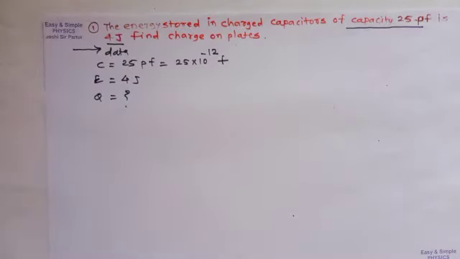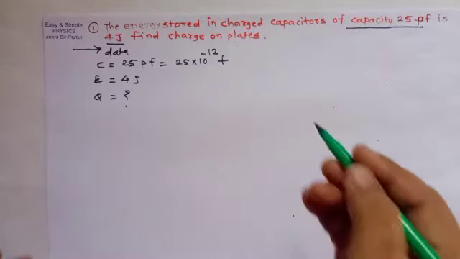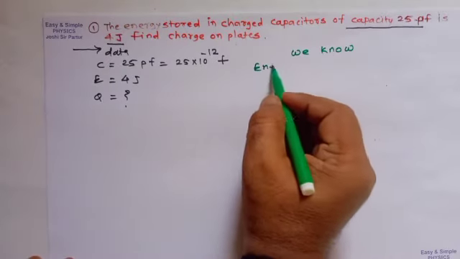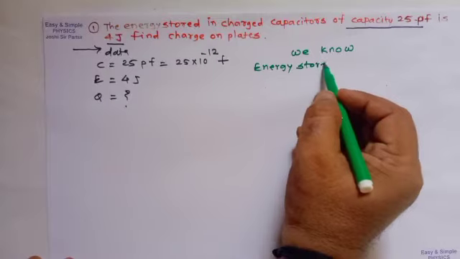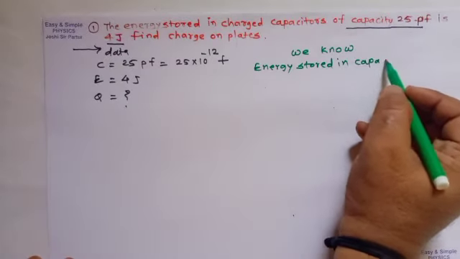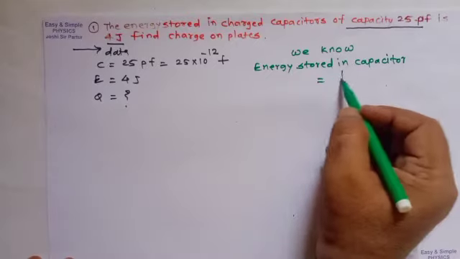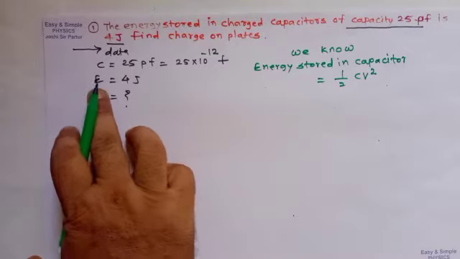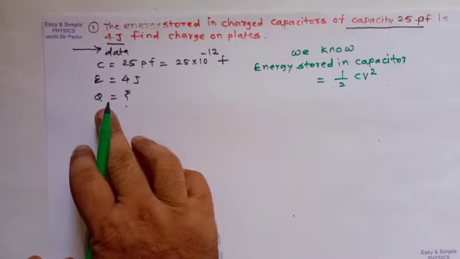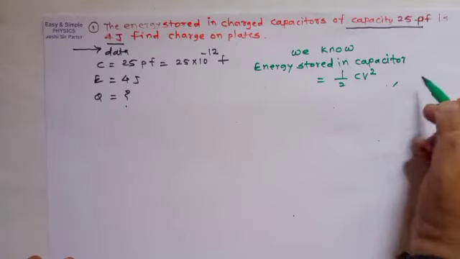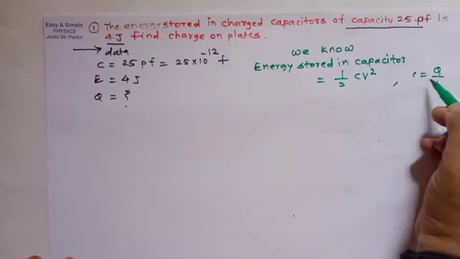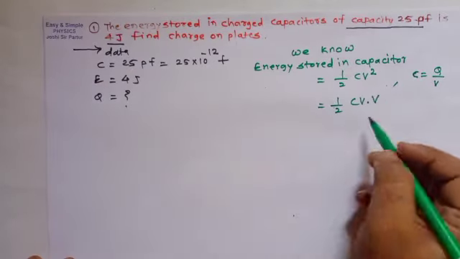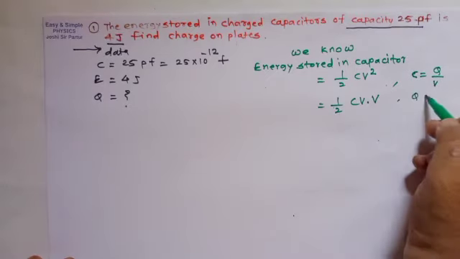So first we use the formula for energy stored in a capacitor. It will be half CV square, but here energy and C are given and we can find out Q. We know C equal to Q upon V, so half CV into V, meaning Q is equal to CV.